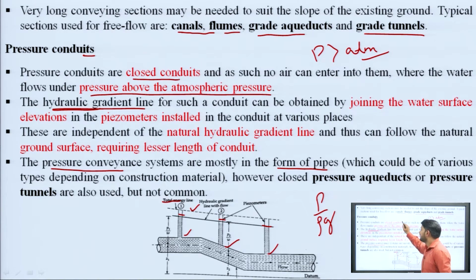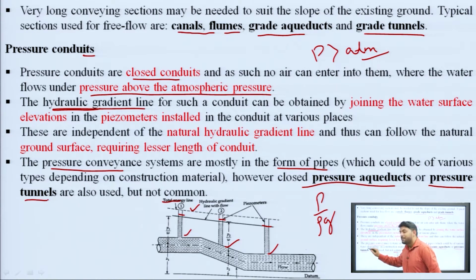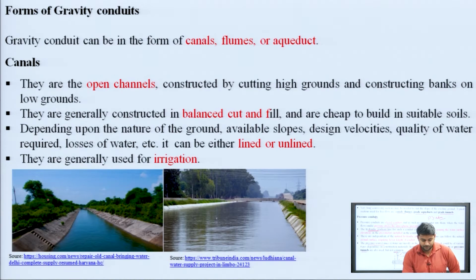Two common types of pressure conduits are closed pressure aqueducts and pressure tunnels, but they are not commonly in use. The most common pressure conduit is simply the pipe, which one can easily see in a water distribution system, as the water is flowing under a pressure greater than atmospheric value.